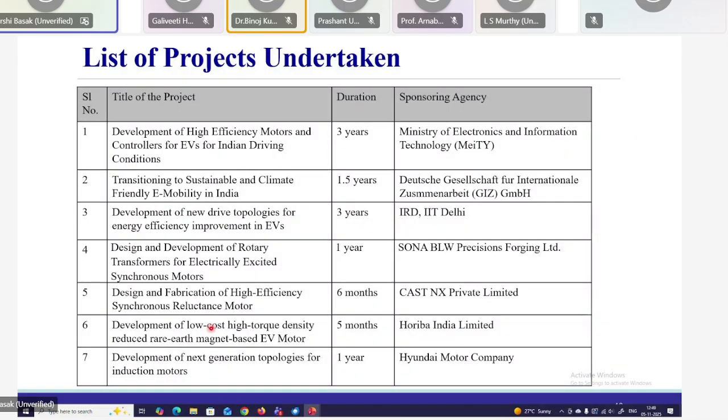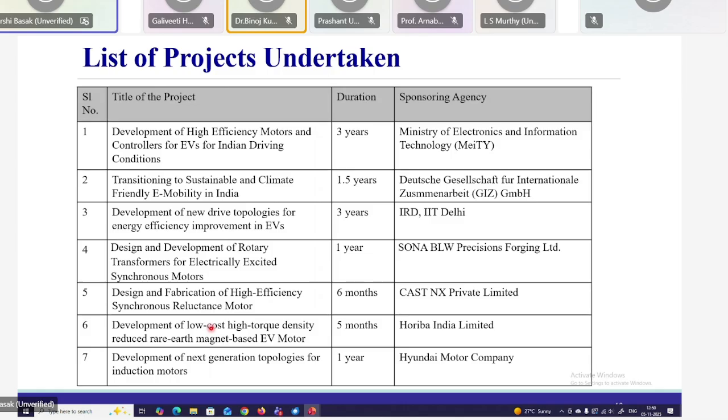We tried to reduce the rare earth content with the help of certain design modifications. We did the analytical design, did some simulations on JMAG, and went for prototyping with the help of local manufacturers. For that, we got funding from the CSR fund.